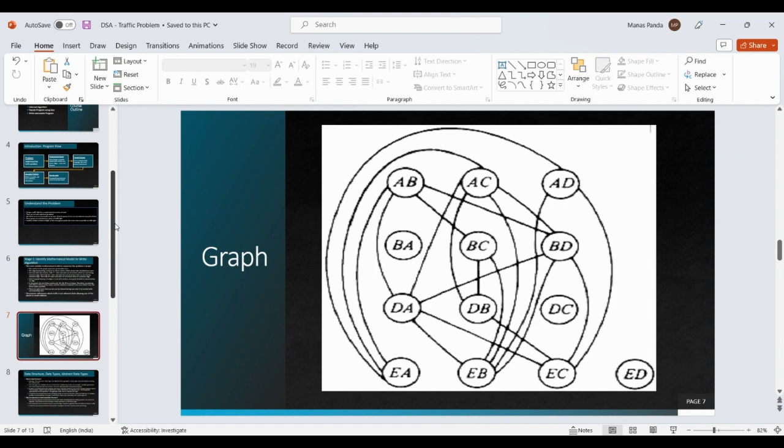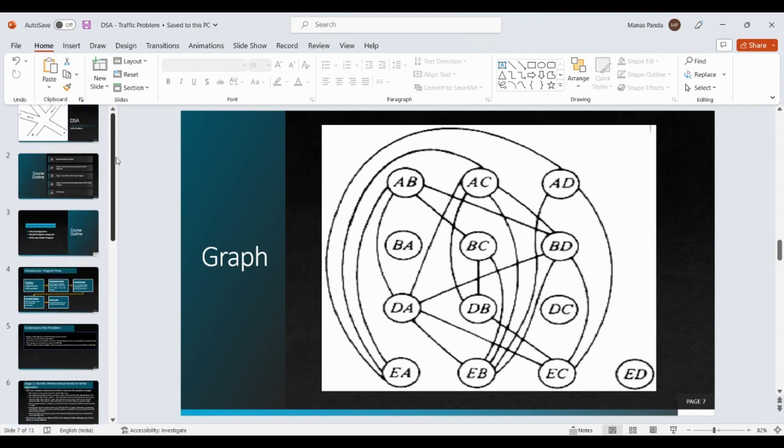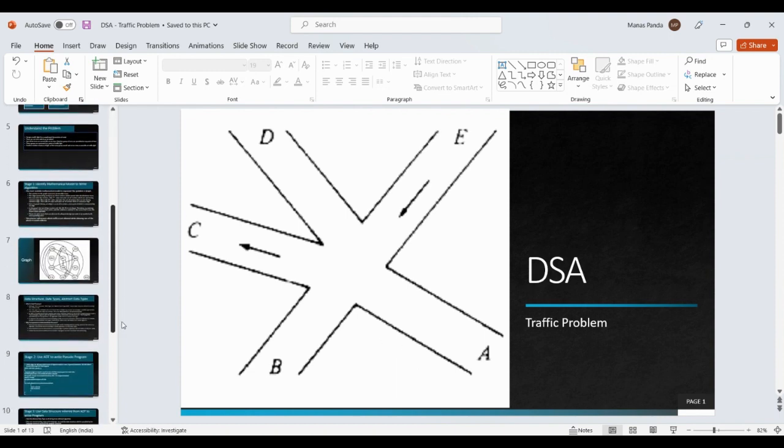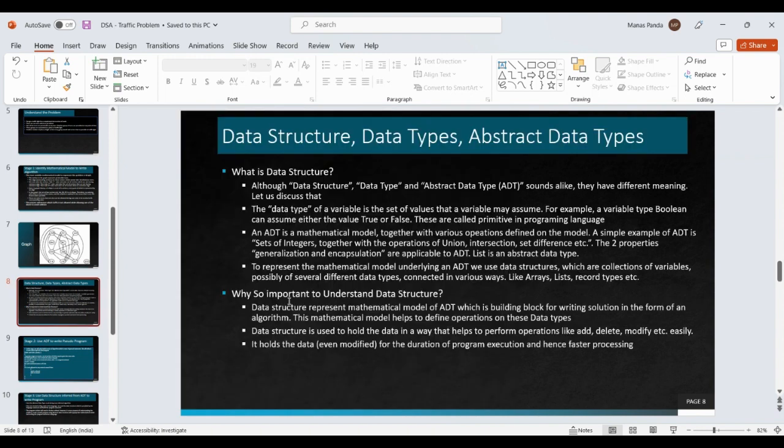Otherwise, what will happen is for each road we have to give one color. For example, only from A traffic will go, then B traffic will go, then C traffic will go, then D traffic will go, then E traffic will go. Then it is five colors, whereas we are able to solve it with only four colors.